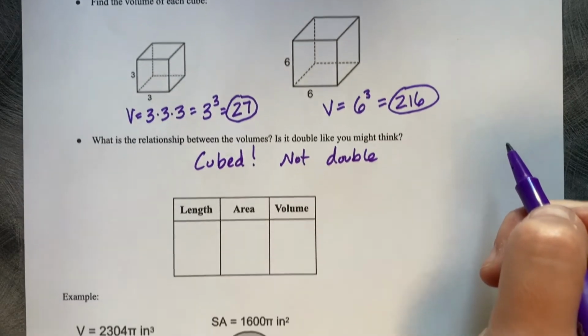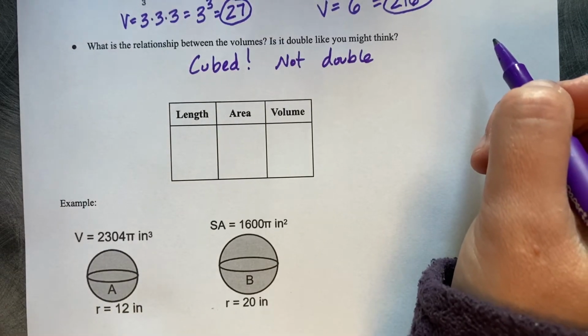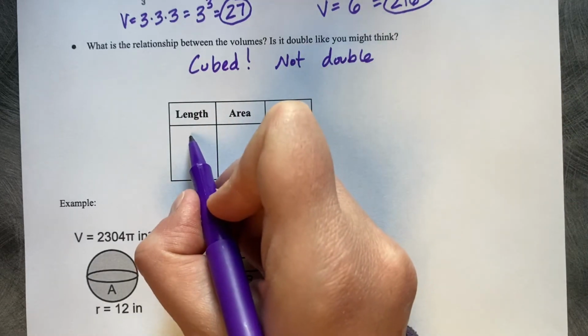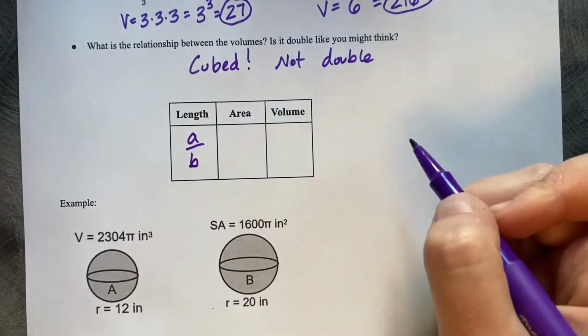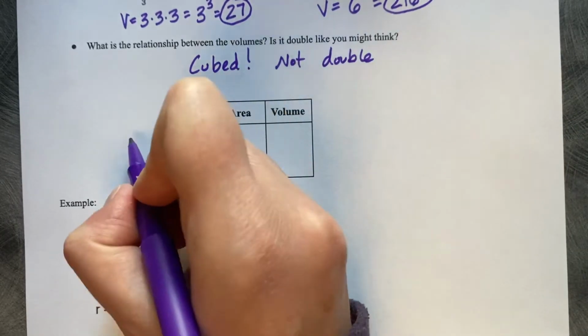So recall that when we are calculating lengths, areas, and volumes of similar solids, so if they are the same solid but just different sizes, the length is going to be a regular relationship of A to B. You just compare the lengths. That also includes perimeter.